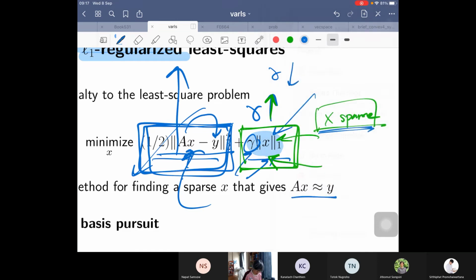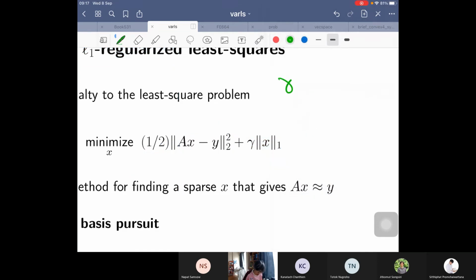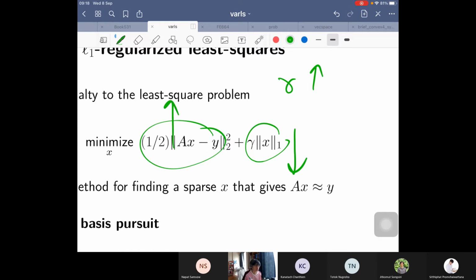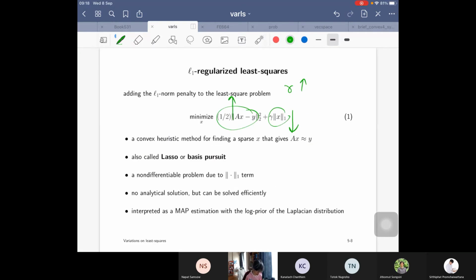So that you're not confused, when gamma is big, this term is going to be less, but this term is going to be higher. So you need to trade off by choosing an appropriate gamma.